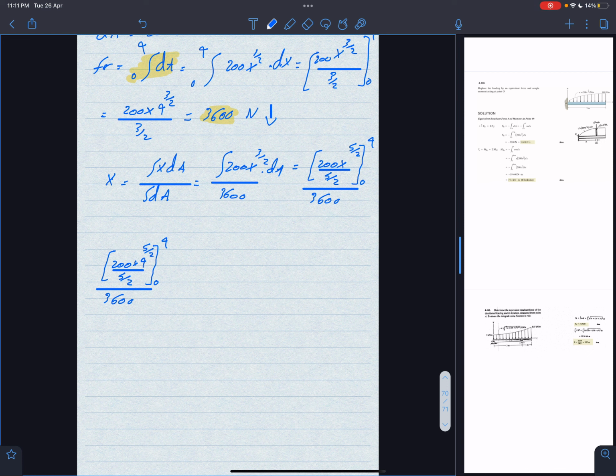So, yeah, we no longer need this. Alas, we substituted the values. So again, it's gonna be 200 times 9 to the power of 5 over 2 divided by 5 over 2 divided by 3,600.